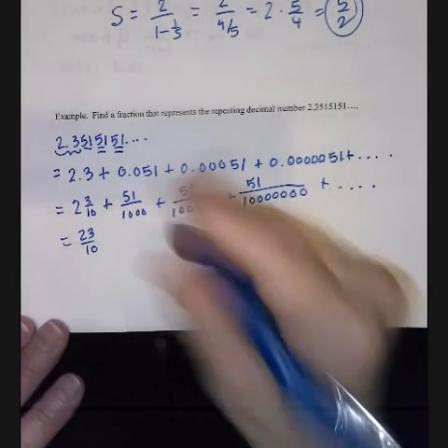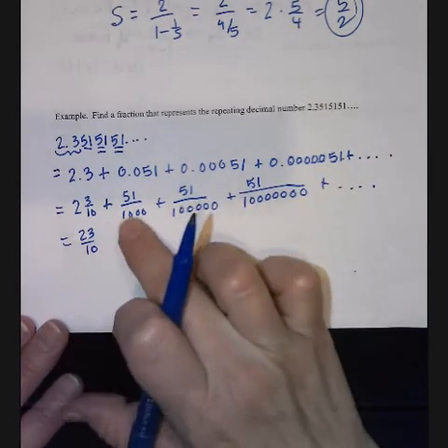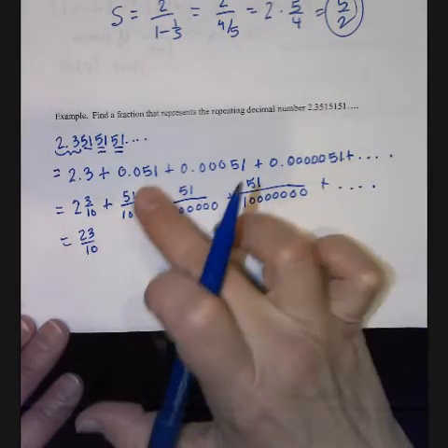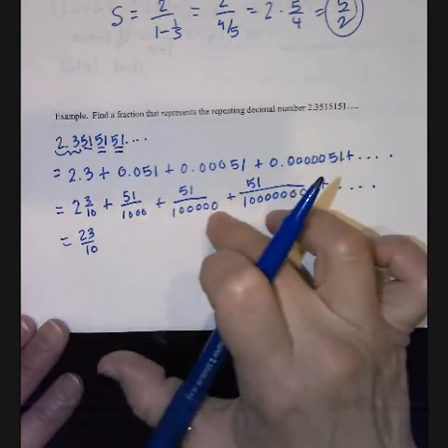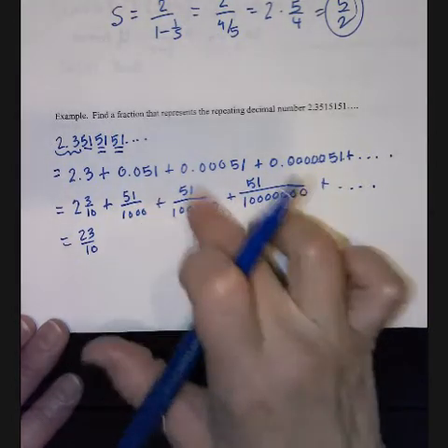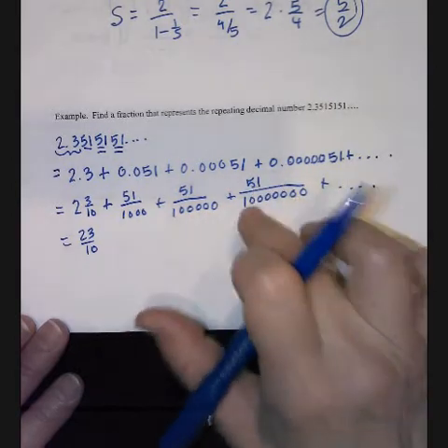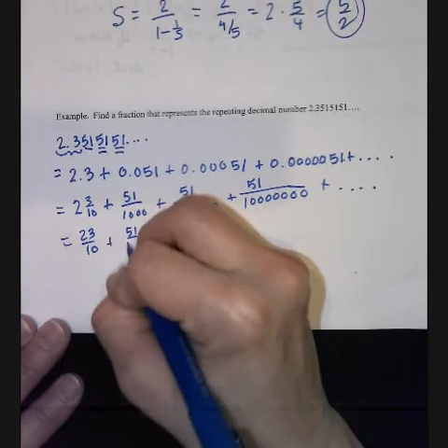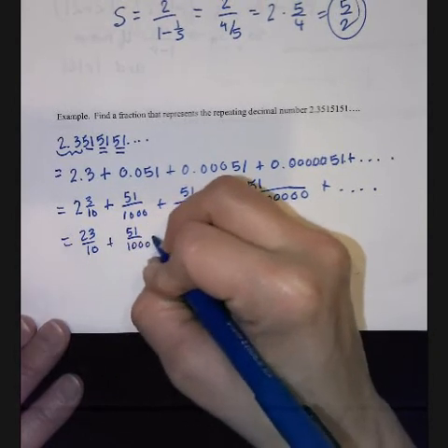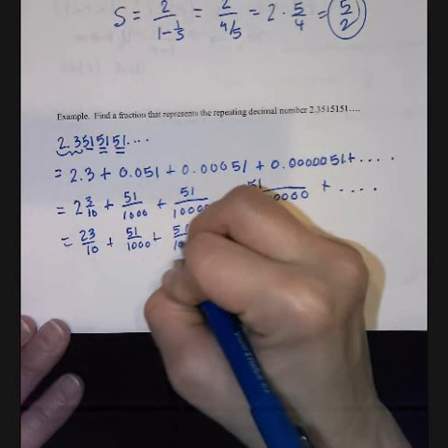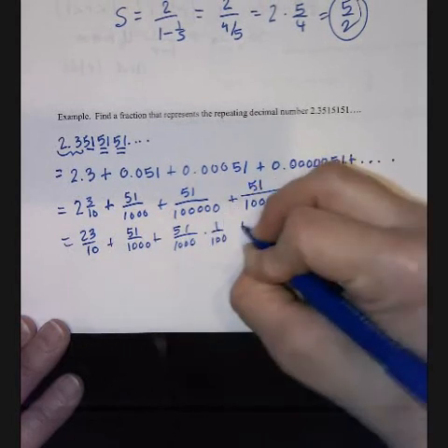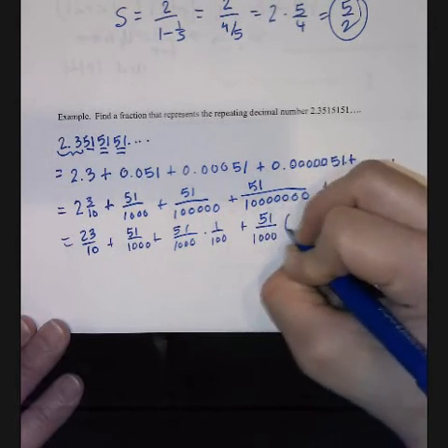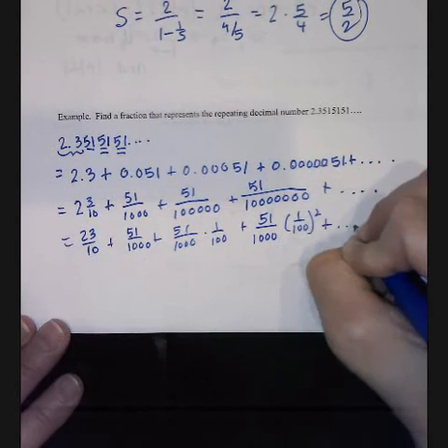So this is geometric because notice the 51 over 1,000, if we multiply that times 1 over 100, 2 more zeros, we'd get the next term. And then if we multiply that times 1 over 100 again, then we get 2 more zeros, we get the next term. So 51 over 1,000 plus 51 over 1,000 times 1 over 100, and then 1 over 100 squared, etc. So this is geometric.